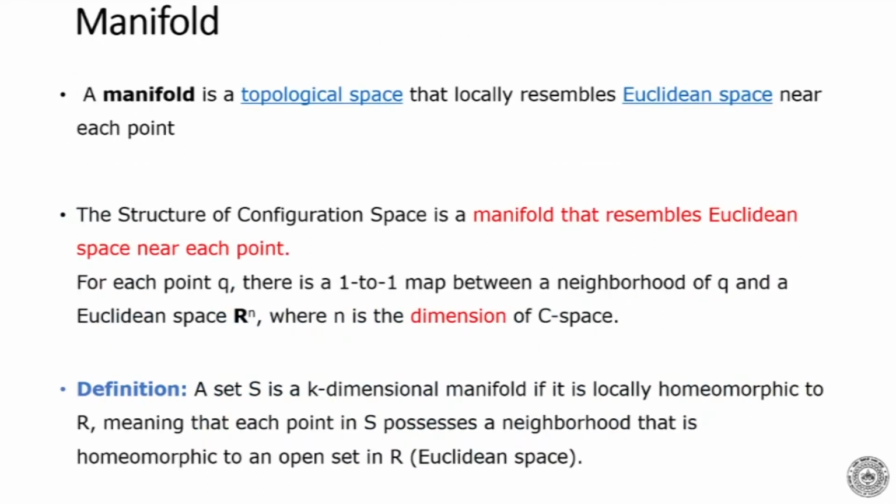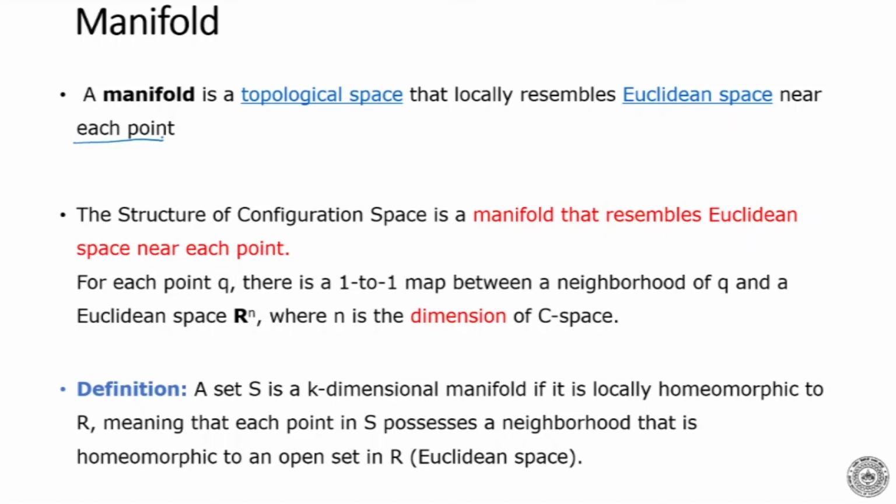So next we have looked at these terms. These are some terms that you need to understand very clearly. One is topological space. We just talked about topological space, the properties, that is bijection and being smooth. Now we have another term which is called a manifold. A manifold is a topological space that locally resembles Euclidean space near each point.